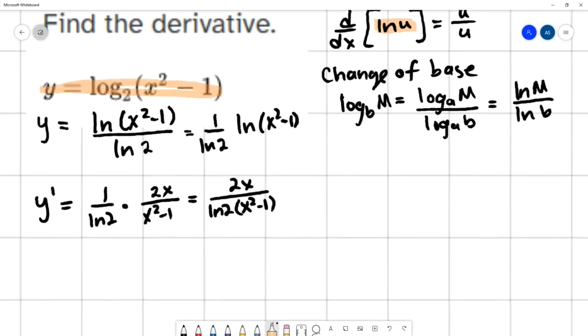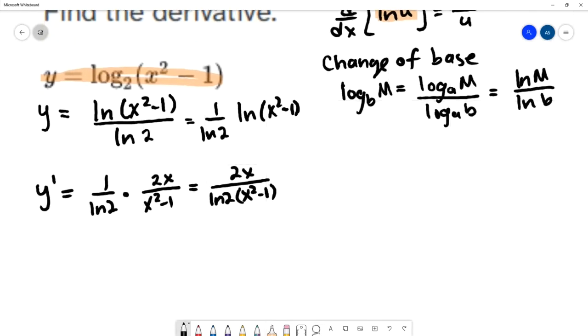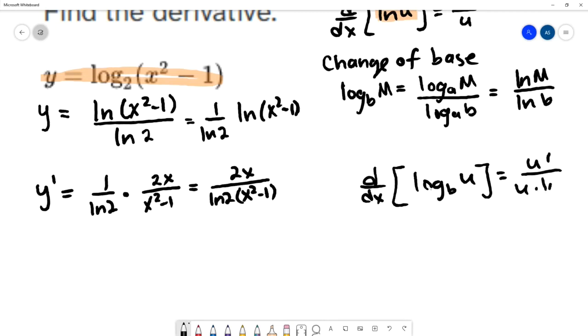So that specific derivative rule is this right here, the derivative of, not natural log, we're doing any log. That would be log base b of u. That is u prime over u multiplied by natural log of b. So if I have that rule memorized right from the beginning, I could do y equals log base 2 of x squared minus 1.